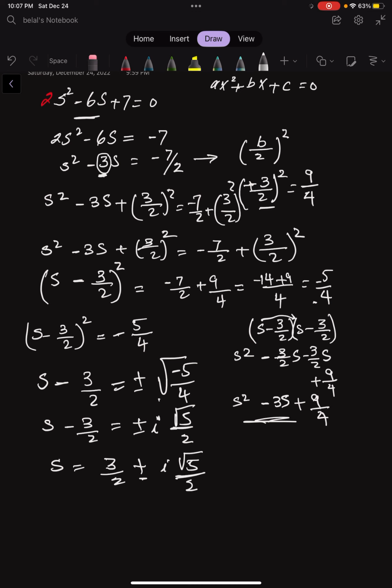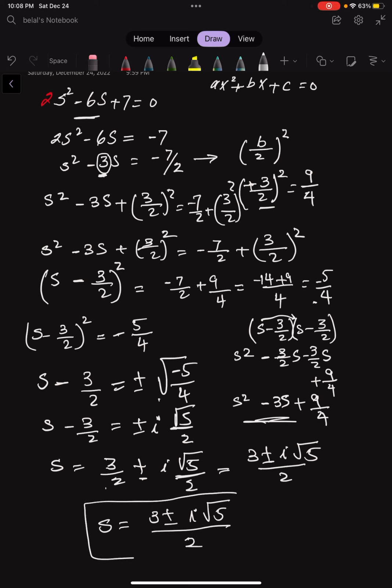So 2 is a common denominator, so it will be 3 plus or minus i square root of 5 over 2. So the final answer is s equals 3 plus or minus i square root of 5, all over 2. And that is my x value, the s value in this case. And that's it. There you have it. That's the final answer.